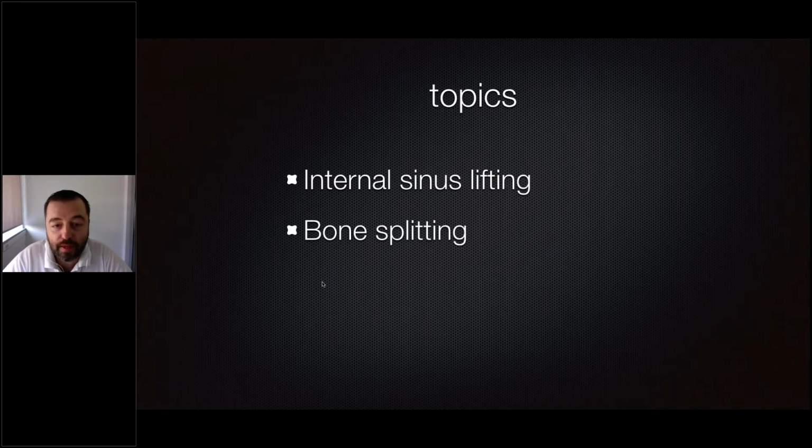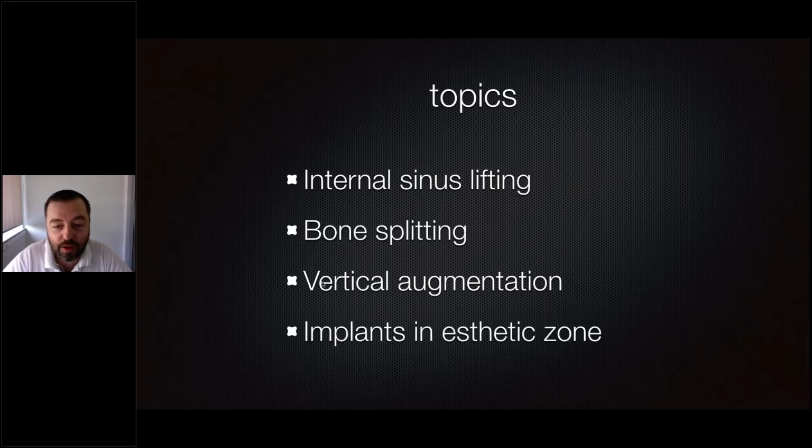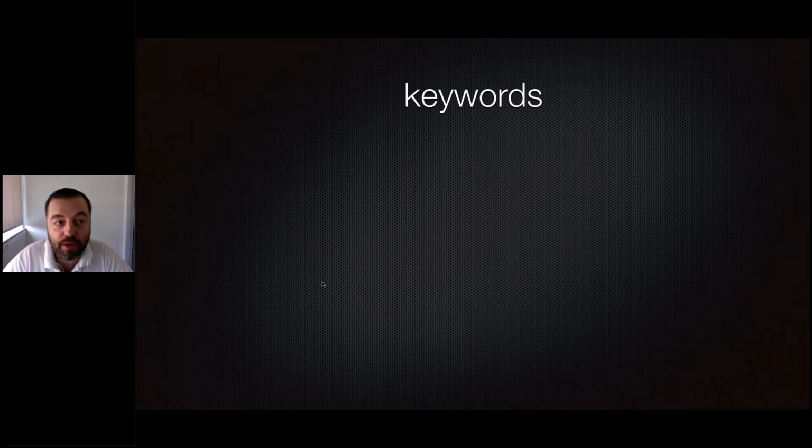The bone splitting, again a minimally invasive approach, flapless, I mean flapping less the site, vertical augmentation, and some implants in the aesthetic zone, which are also in our everyday practice very often nowadays. Now, some keywords for today.